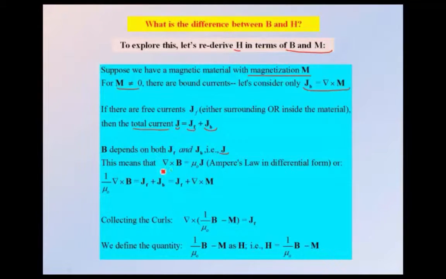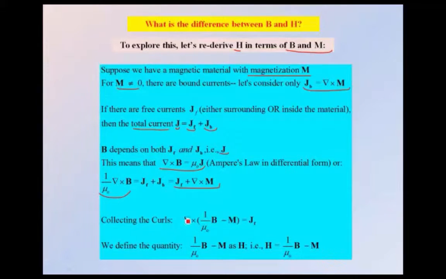If we look at the curl of B, then it will be related to the total J by the curl of B equaling mu 0 J. Remember, this is Ampere's law in differential form because we can start here and get our loop equation. Taking the mu 0 on this side, we end up with this equation here where we've substituted in the definition of the bound current density.